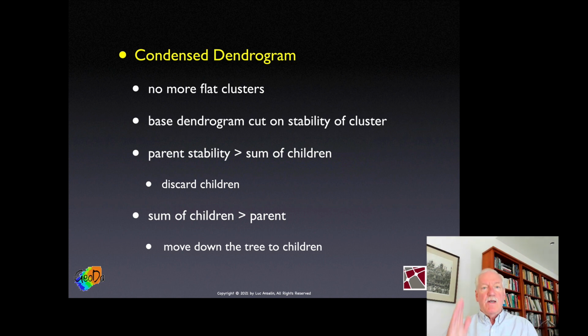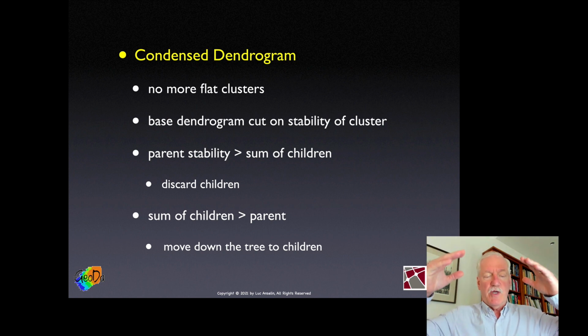So rather than using one uniform cut, which is one distance or one density, if you wish, we use a relative notion where we measure the importance of the cluster by its persistence, by its relative excessive mass.